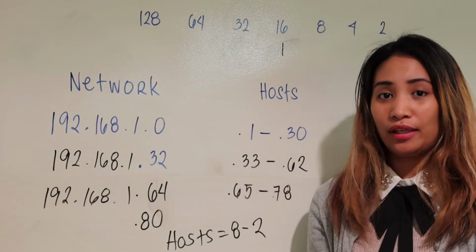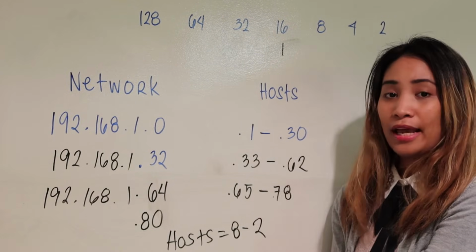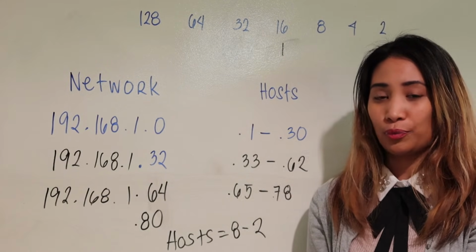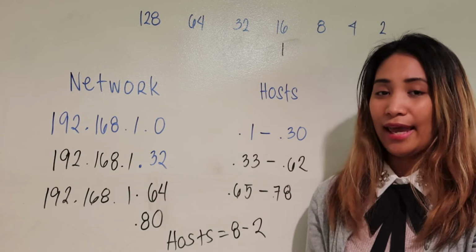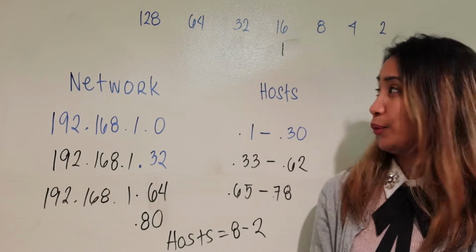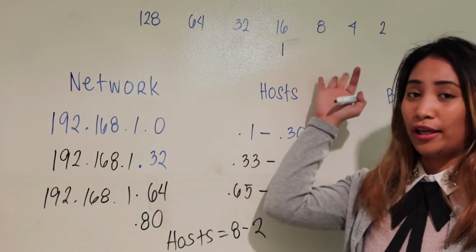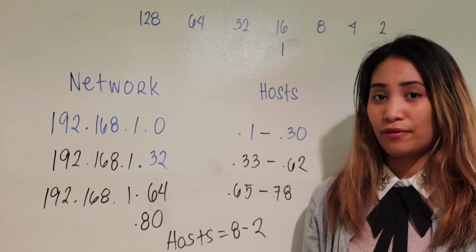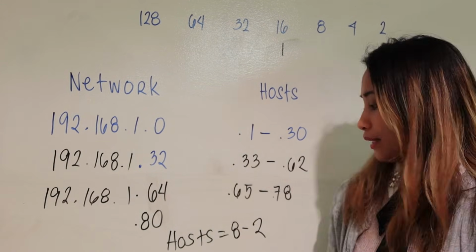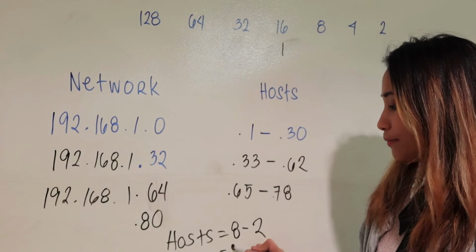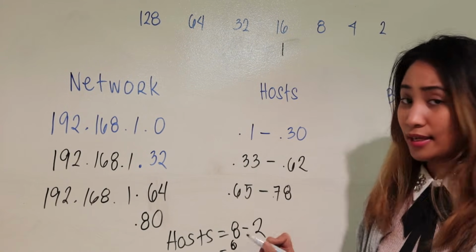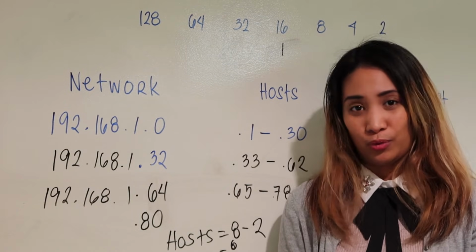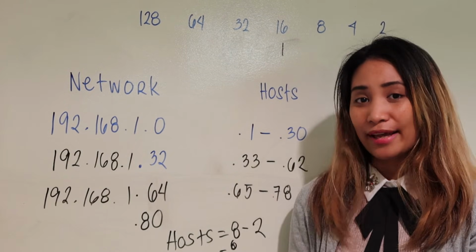So after we deducted 2 from the block size, that will be the number of the usable hosts that we can use in the network. And in this case, we can't use the block size or the increment 8 because it can't accommodate the 8 number of hosts needed in the network, because 8 minus 2 is equivalent to 6, and it is only left with 6 usable hosts to use, which is not enough for our next network.